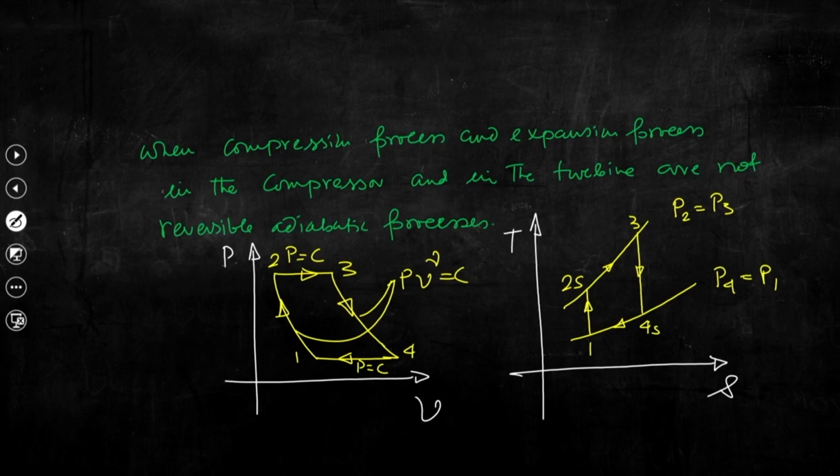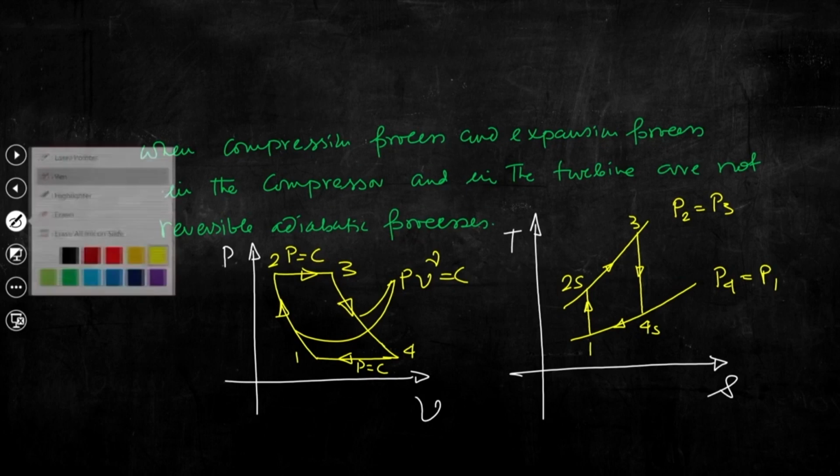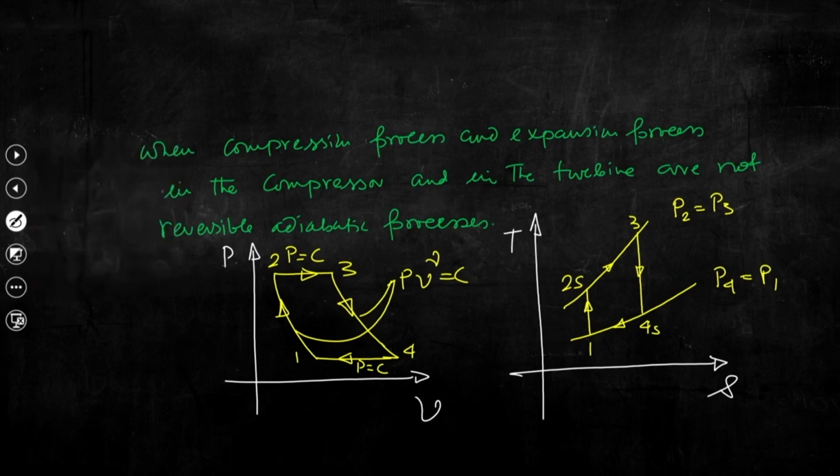Now, as I said, these two processes will certainly deviate from the reversible adiabatic process, and some degree of irreversibility will be there. If we represent the actual process, it should be like this. So this is 2.